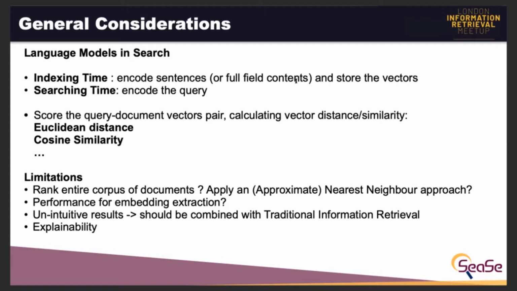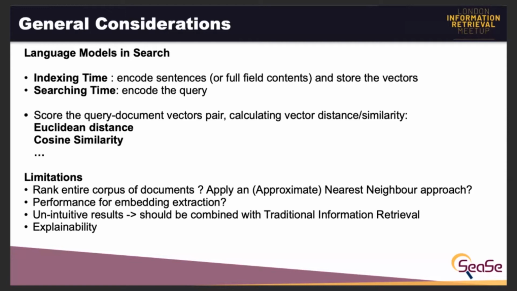So how is this solved? Normally this is solved through an implementation of approximate nearest neighbor. And what is the performance of the extraction of the embeddings? The embeddings is another way you can call the vector extracted and returned by a language model.